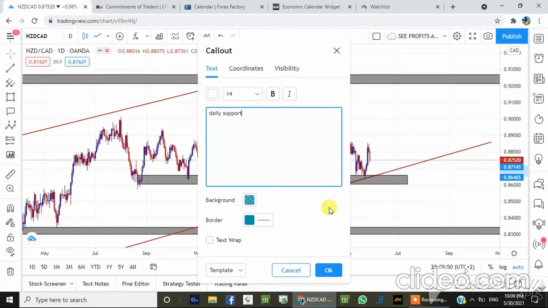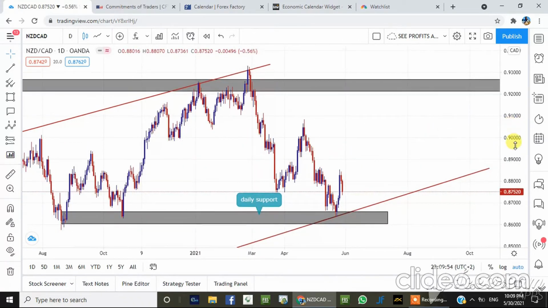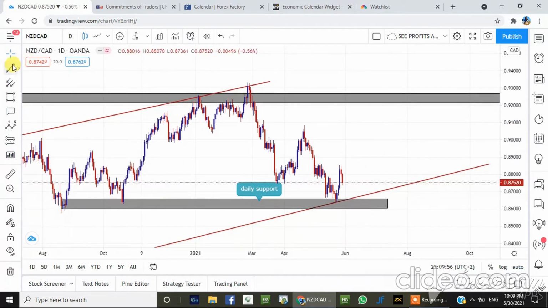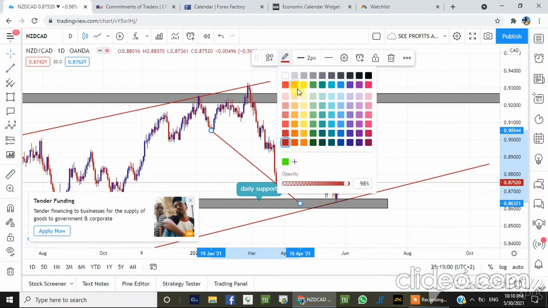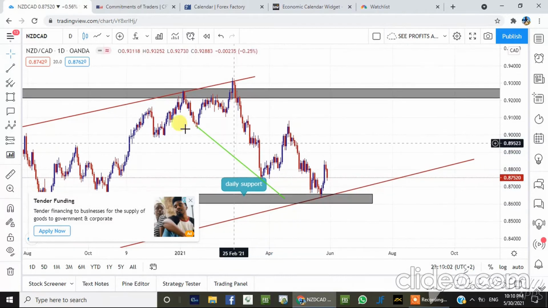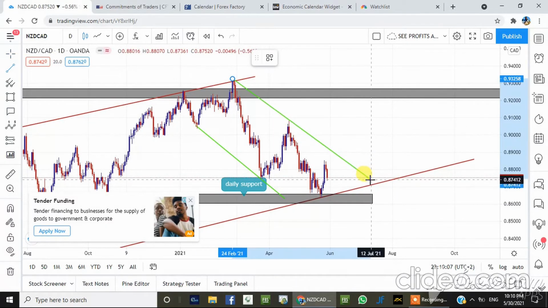We're on a daily support, meaning we're looking for buying opportunities, and we have this nice trend line in support and this nice trend line in resistance.